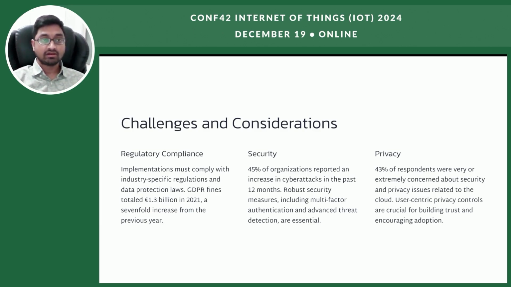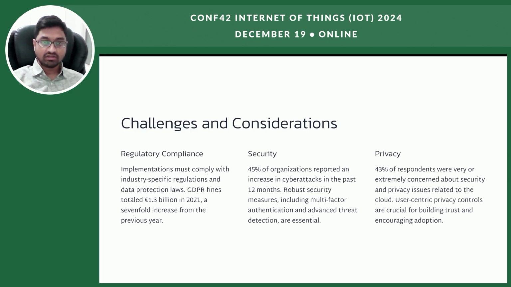Regulatory compliance is one of the biggest things. Implementations must comply with industry-specific regulations and data protection laws. GDPR fines totaled 1.3 billion euros in 2021, a seven-fold increase from the previous year. And then security itself: 45% of organizations reported an increase in cyber attacks in the past 12 months.